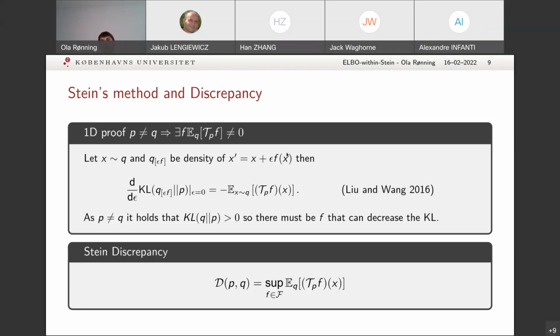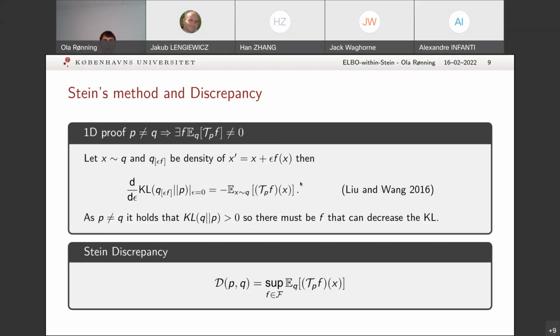And under this construct, Li and Wang, this is actually the Stein Variational Gradient Descent paper, show that there's a relation between the gradient of the KL and the negative expectation, which we see in the Stein identity. And because P is not equal to Q, we have that KL is greater than 0, which means, assuming that our Stein class is large enough, there's a function that decreases the KL. And so it's not equal to 0.